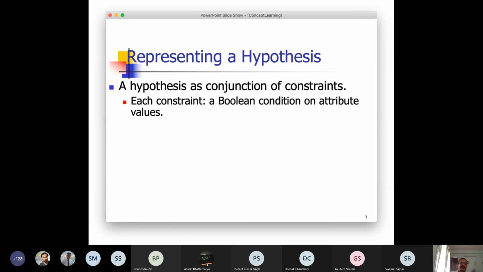Just to summarize, as I was mentioning, each constraint is a Boolean condition on attribute values, as I explained. So far I have given this example with a specific value, say temp equals warm, then either it is warm or not warm, and it will be true.